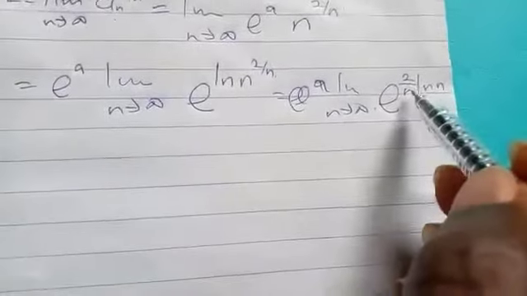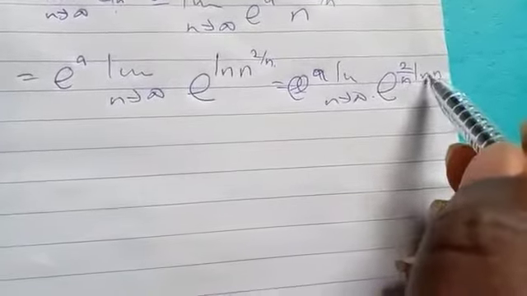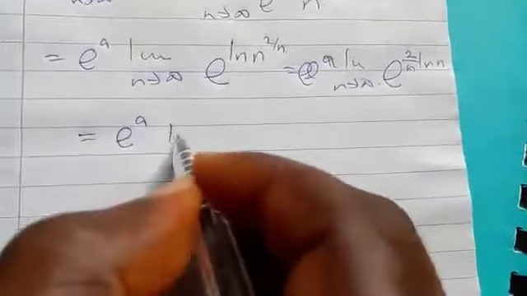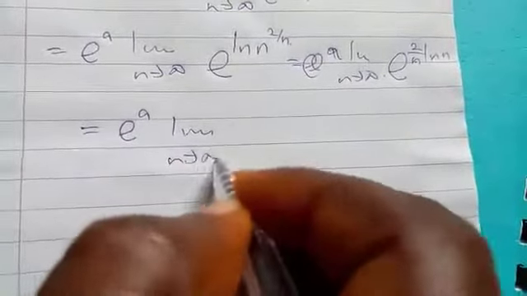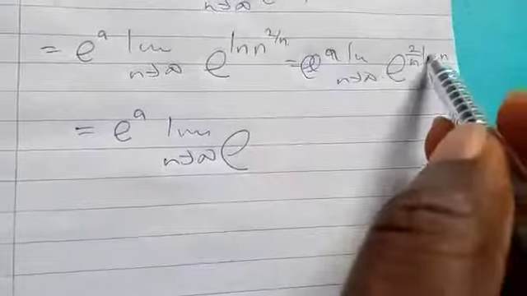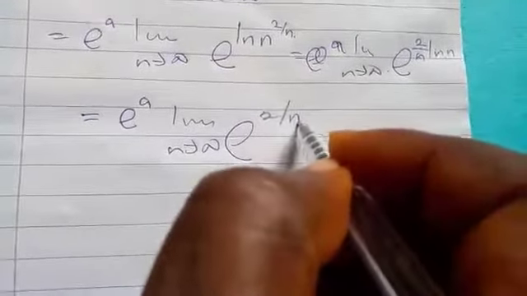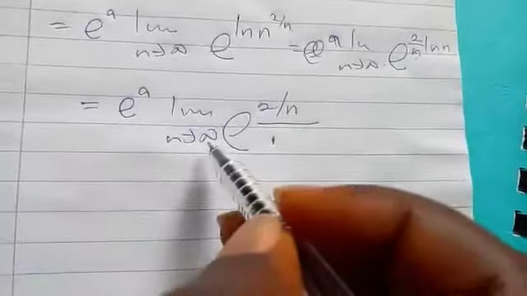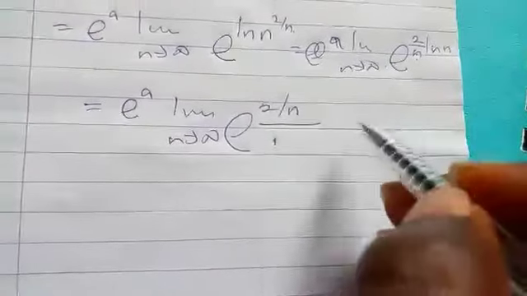So we can now apply L'Hospital rule. We differentiate this, we differentiate this. So when we do that, we are going to have this. If you differentiate 2 ln n, we have 2 over n. So if you differentiate n, this one is 1. So I cannot put my infinity, n to be infinity.